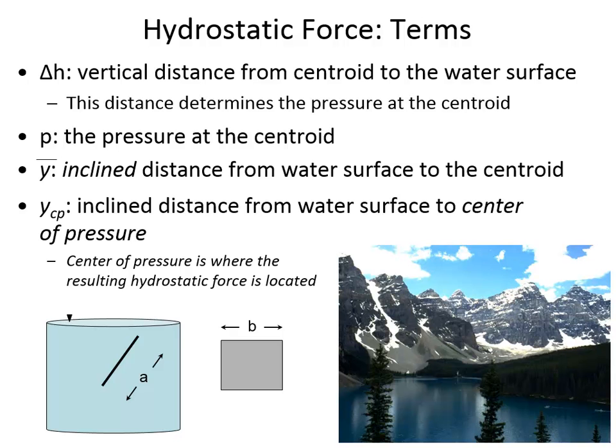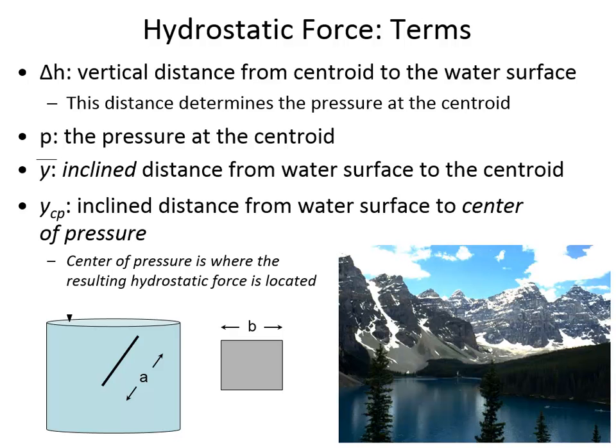The hydrostatic force is equal to the pressure at the centroid multiplied by the area. When I put a bar over the P, that means the pressure at the centroid. You'll see that in the text, that sometimes they say P bar, and that means the pressure at the centroid. So the magnitude of the force is the pressure at the centroid times the area.